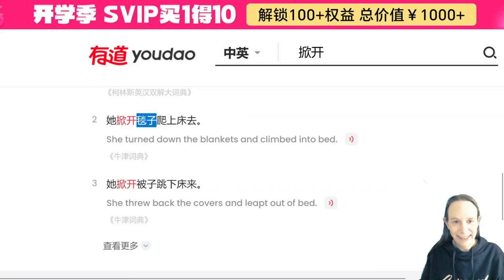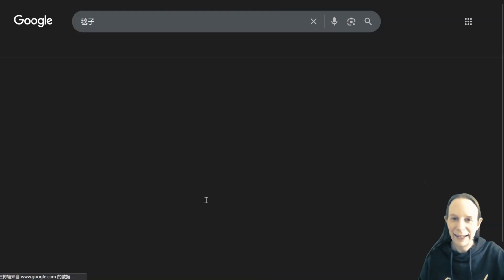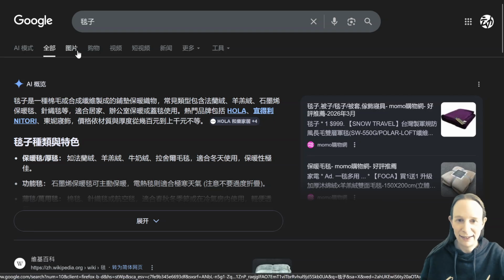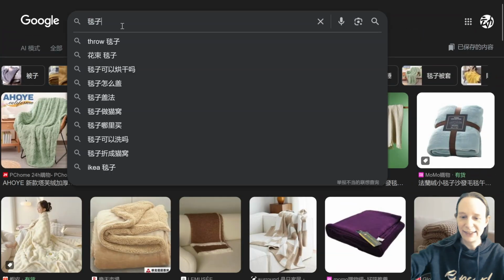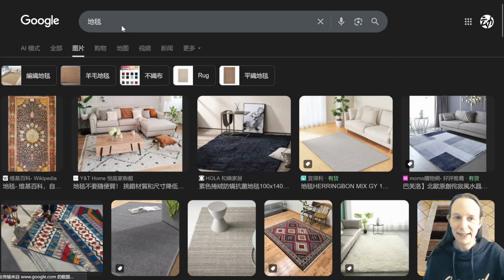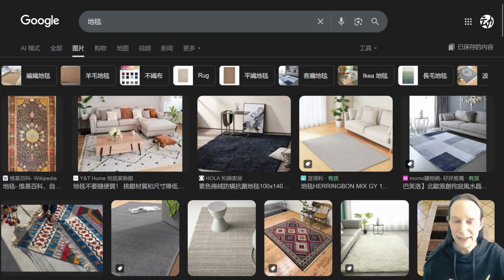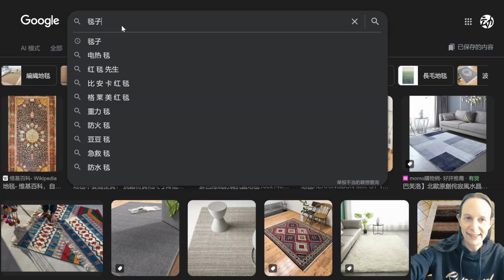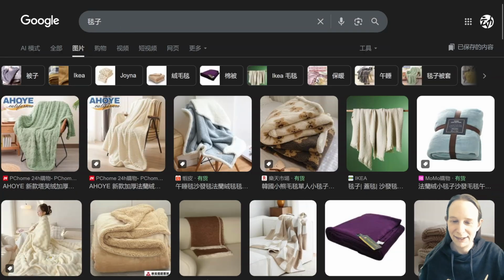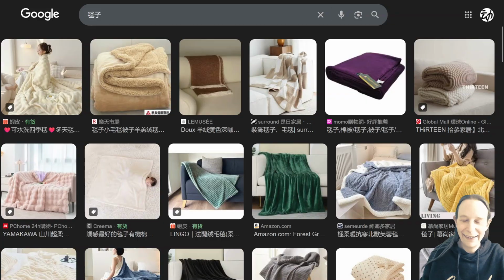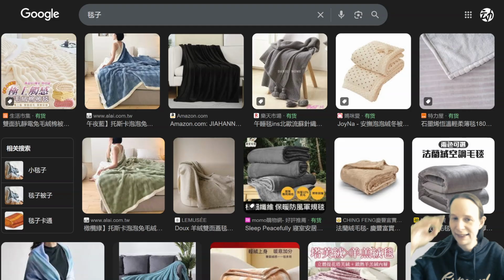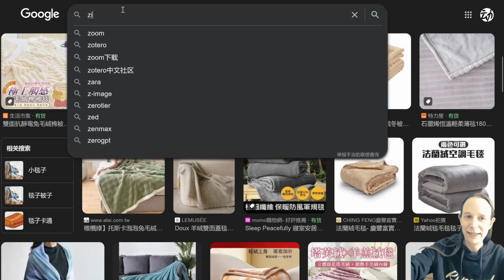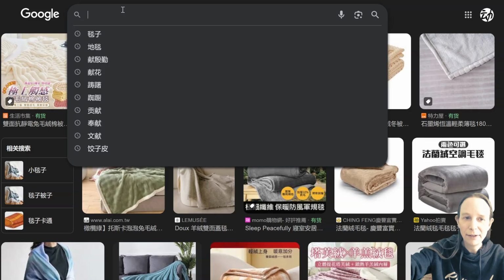And in 地毯, they're definitely blankets. So 地毯 is rug or carpet, and 毯子 is blanket. It looks really comfortable. What do we normally call it though? I normally say 被子. Are they not the same?